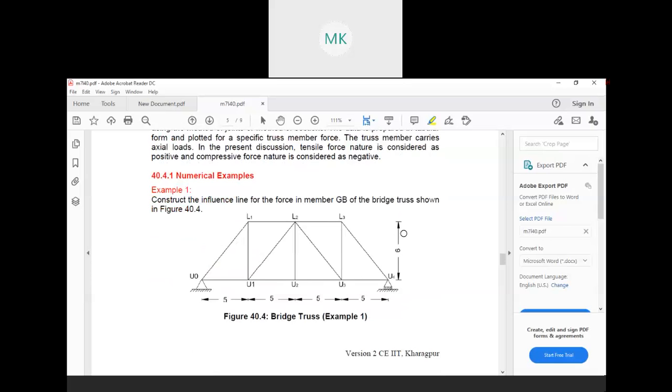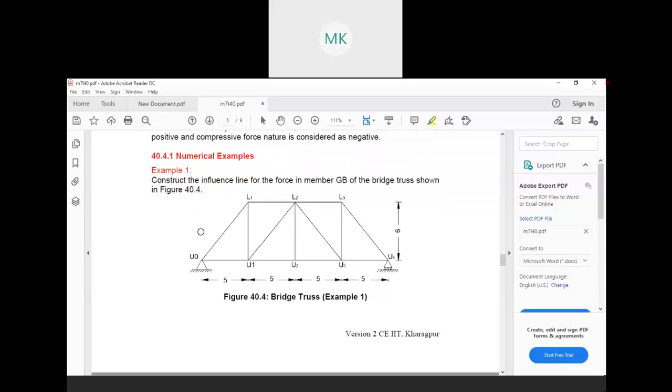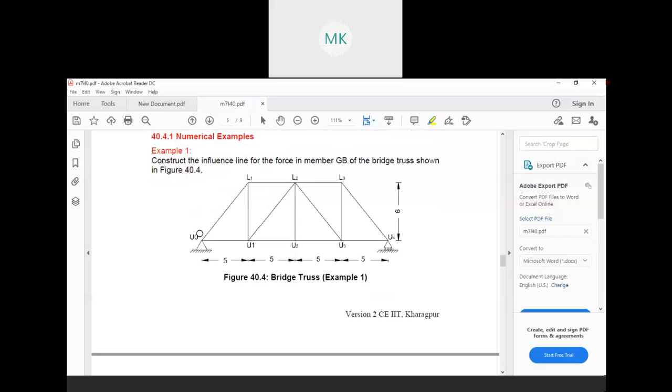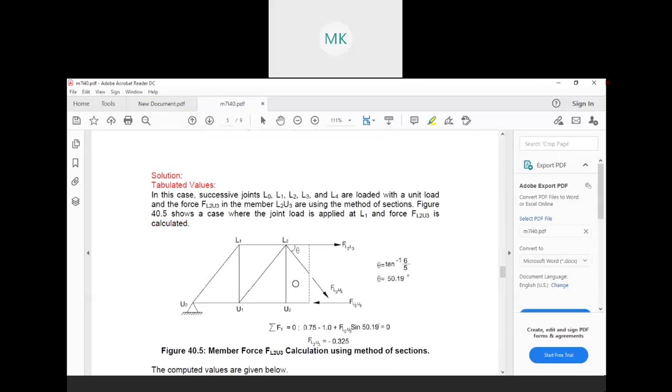Here also one numerical is given. What is asked in the numerical: construct the influence line for the force in member GP of the bridge truss shown in the figure. A simple truss is given, with all the lengths. How do we solve it?